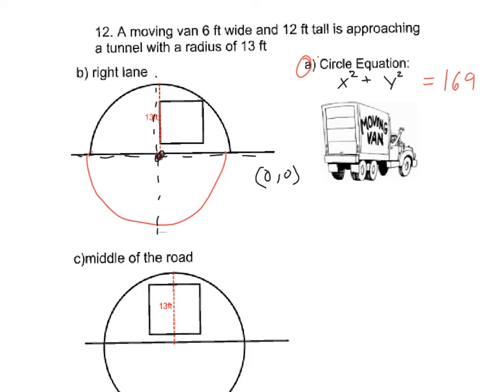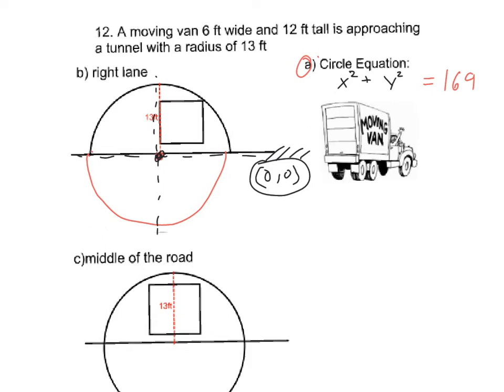So the circle equation for this tunnel is just x² + y² = 169, because the radius is 13, and the center is at (0, 0), which is what we're assuming. This looks like an owl, again, a red owl.